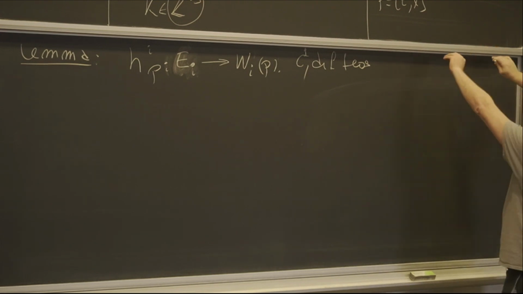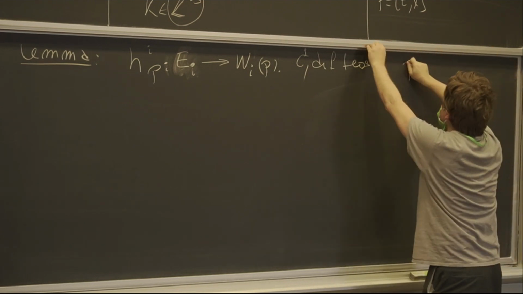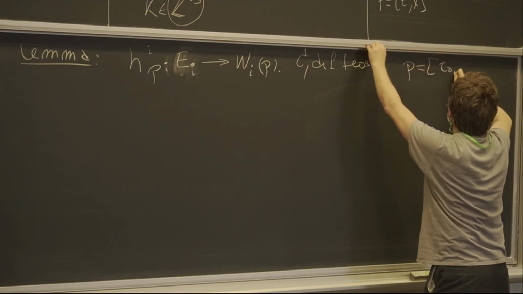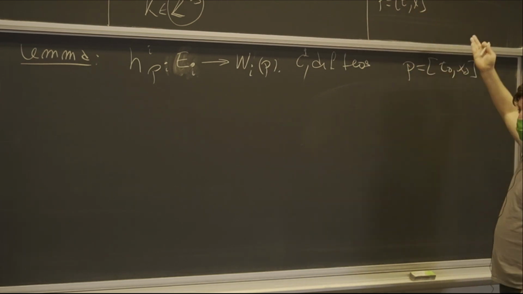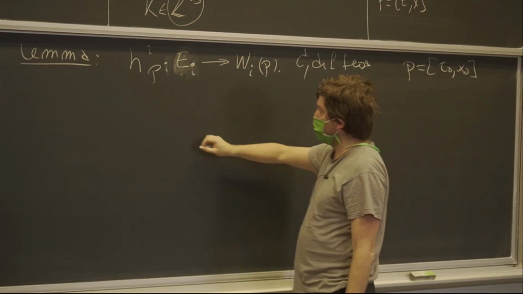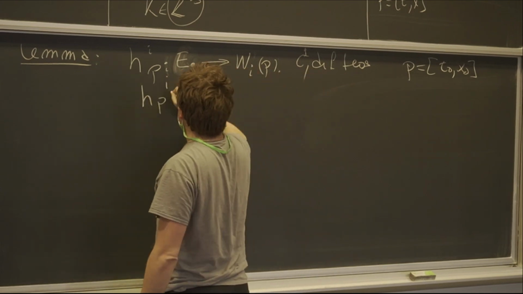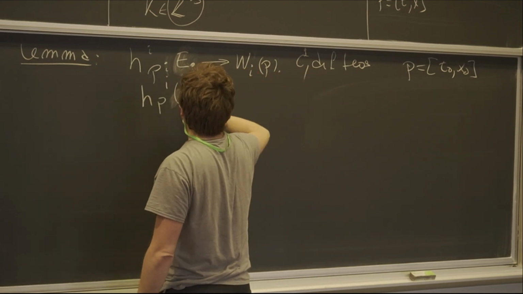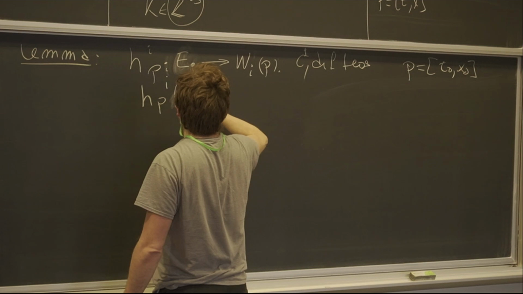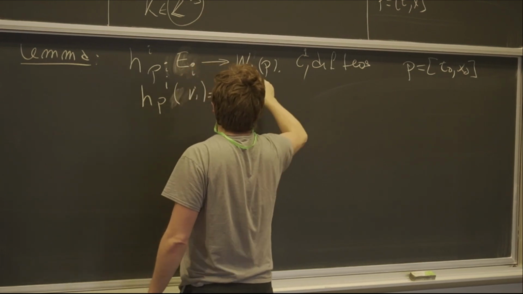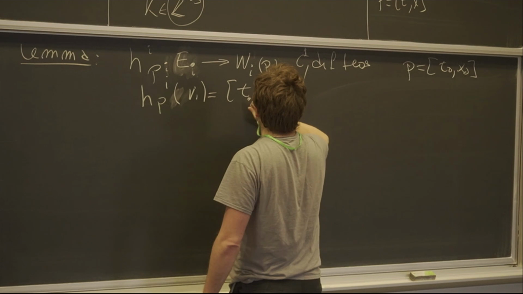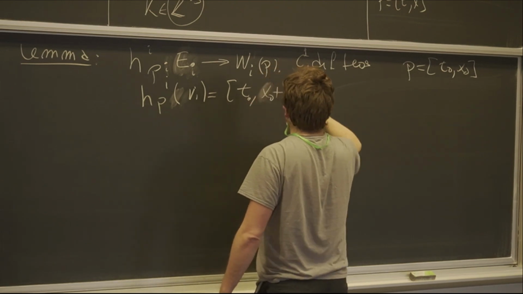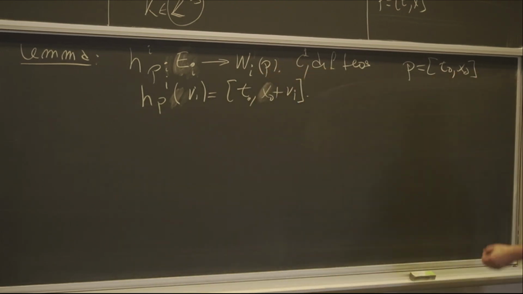Here P is, let me put T naught X naught. So this is the diffeo, it's already written there essentially. If you want to do it explicitly, it is of VI is T naught X naught plus VI. So that's the precise definition of the diffeo.